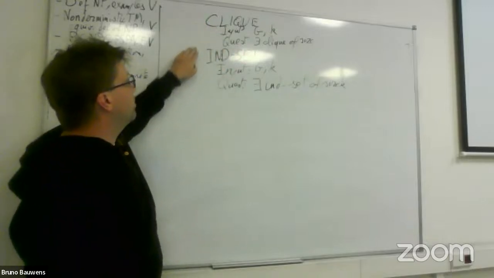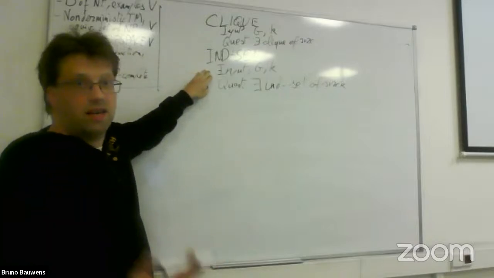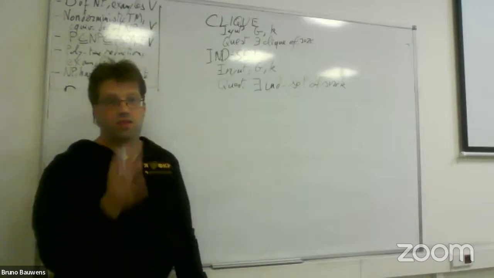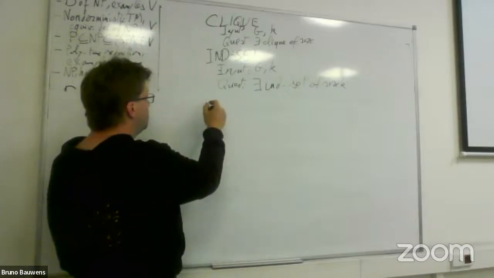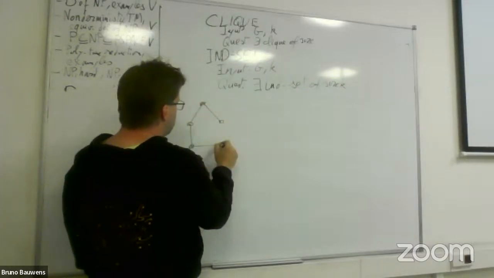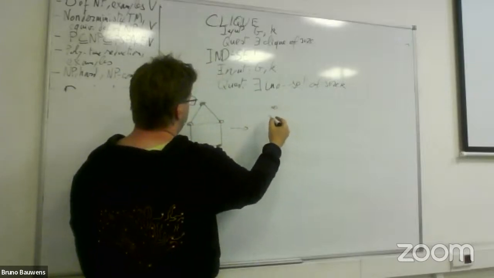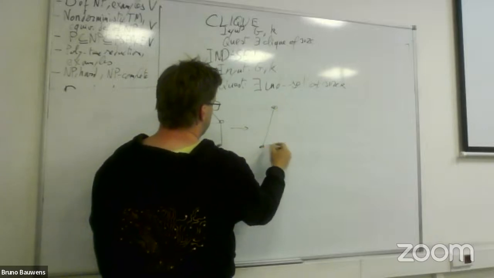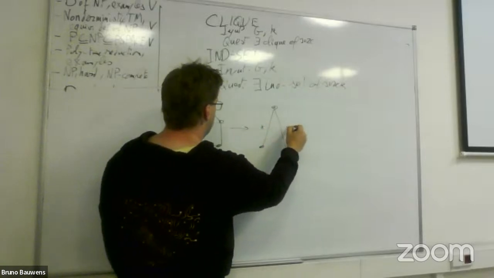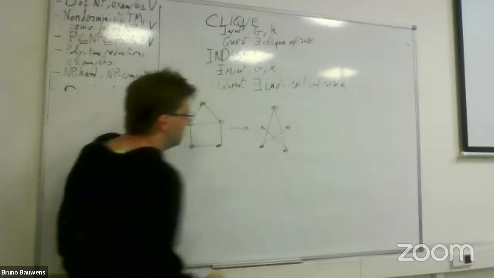So how do we map a clique problem into the independent set problem? I just repeat for people on Zoom: we just invert all the edges. So in the graph, all edges become non-edges. The inverse of the graph means that edges become non-edges and vice versa.